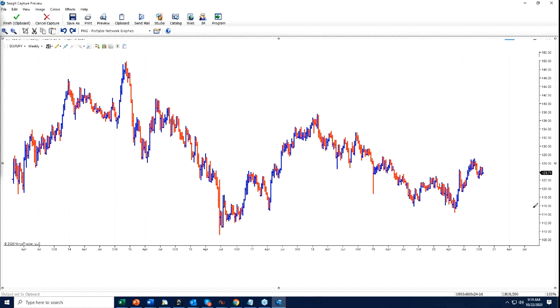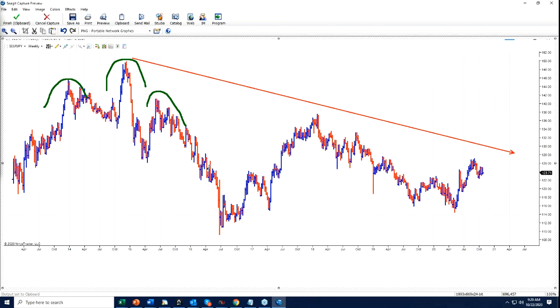I don't really hone in on support and resistance. Yes, I'm observant, but what I really do is look at patterns. So to me, this is a downtrend. And within the confines or context of this downtrend, what stands out to me are these patterns. So this, to me, is a very unconventional, funky looking head and shoulders, but that's what it is.